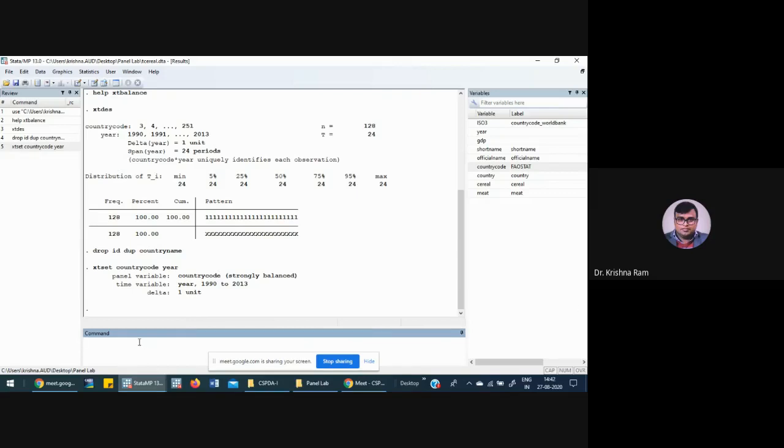The variable of interest in our case is GDP.